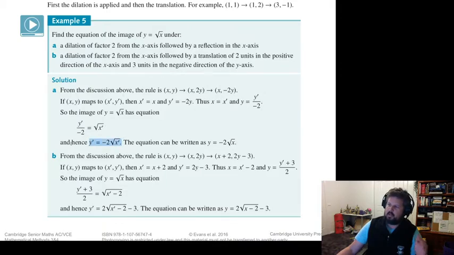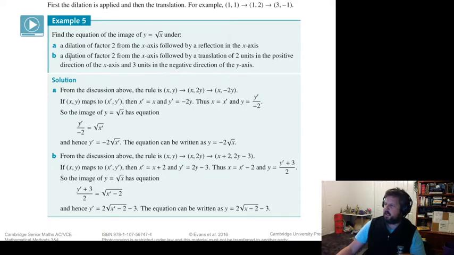Cool. Now once you've got that rearranged nicely, you can get rid of these little dashes to write out the new equation nice and neatly. The dashes are just notation used to get to the new equation. So the equation can be written as just y is equal to negative 2 square root of x.